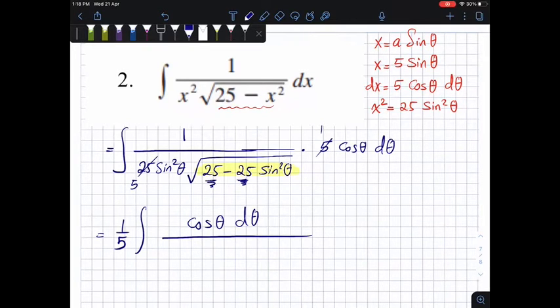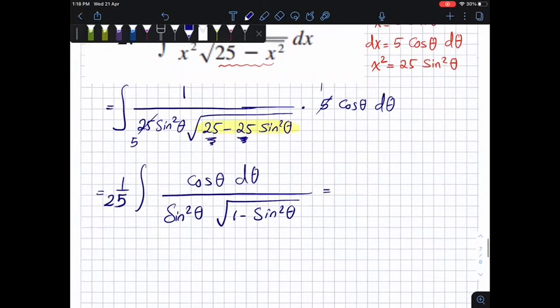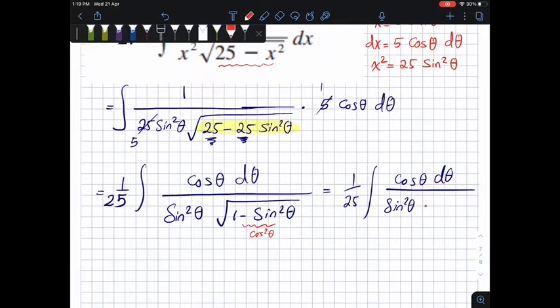Inside the square root 25 we can take it as a common factor, and it comes outside the square root as 5, multiplied by the 5 outside, which is 25. So sine squared root 1 minus sine squared theta, okay, equals 1 over 25 the integral of, we know guys, cosine theta d theta in the numerator. In the denominator, sine squared theta, and root 1 minus sine squared can be simplified as root cosine squared using the Pythagorean identity, and outside the square root is cosine.